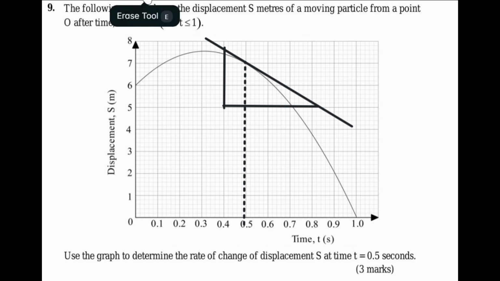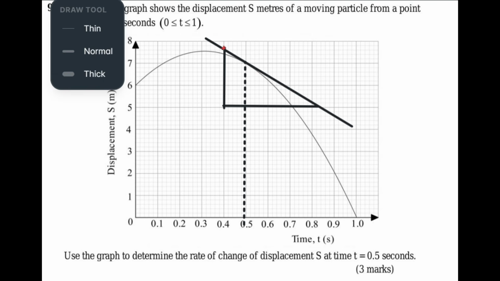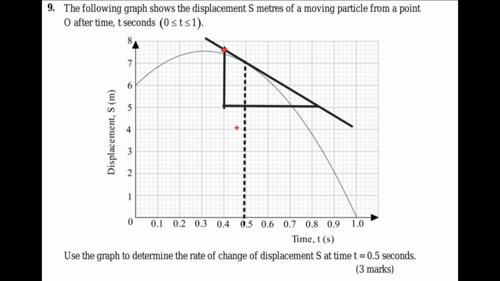Sawa. So let's say hii point ambayo ni hii ni around, kwa vile ni 0.4 na 7.6 hapo. So hii ni 0.4, 7.6 na nyingine also itakuwa around 0.81, sawa, 5 yenyewe.